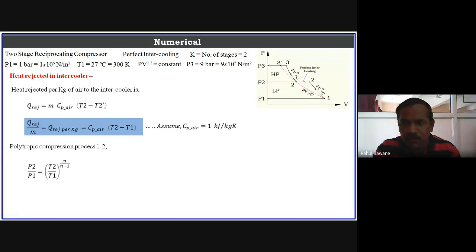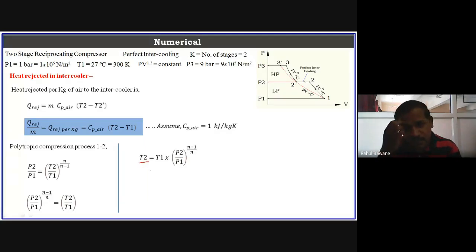So how to find it? We know that 1 to 2 is a polytropic compression, so use the polytropic compression relation. P2 upon P1 is nothing but T2 upon T1 raised to the power n upon n minus 1. Simplify this, as we are interested in finding the T2 temperature.